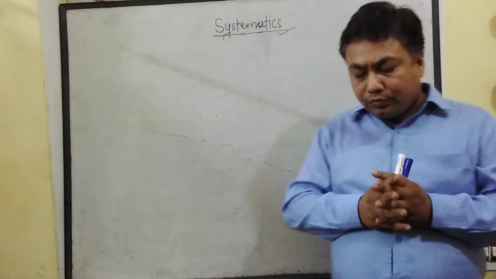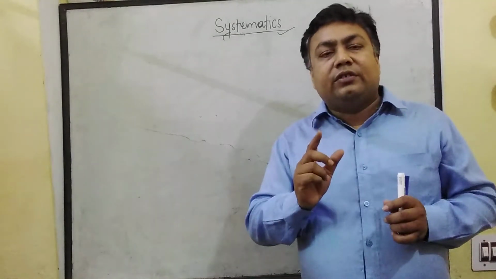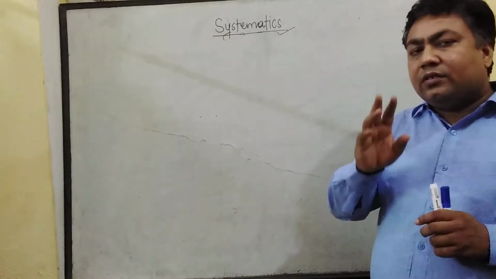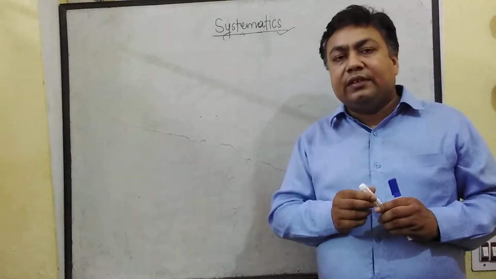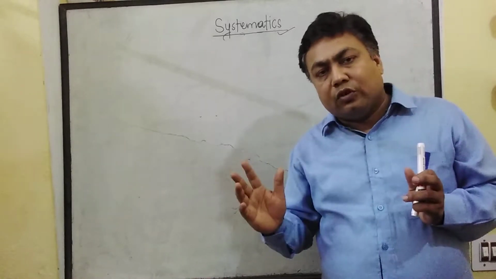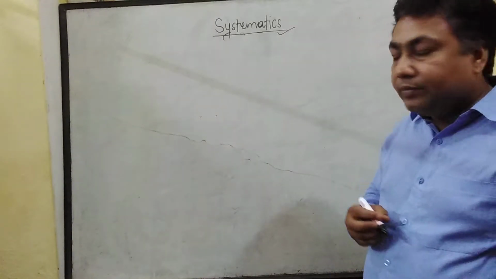How? So in 1970, a scientist Meitner made 6 points to differentiate systematics or biosystematics from taxonomical classification or taxonomy. What are those points?